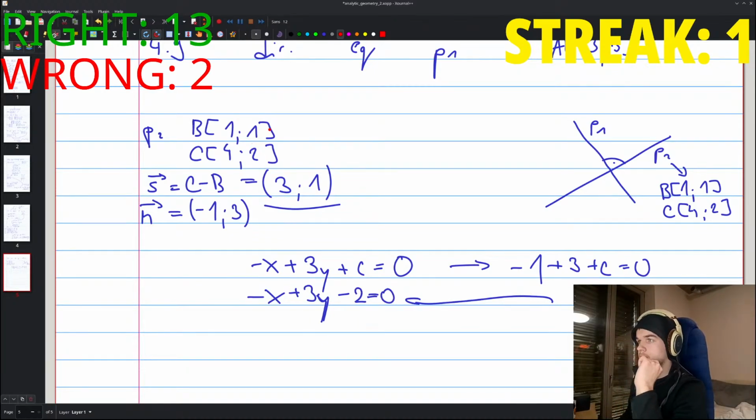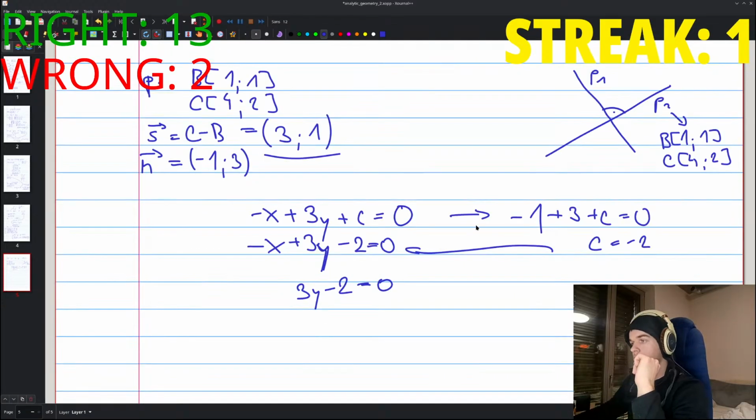And now we need to actually get the point where the line intersects the y-axis, which we do by just putting 0 here. So we get 3y minus 2 is equal to 0. So we get that y is equal to 2/3.